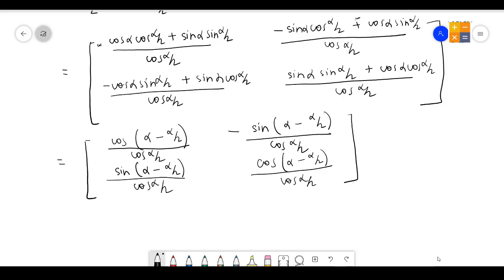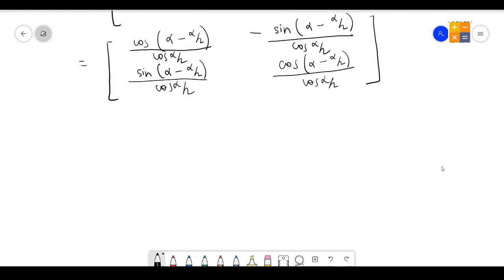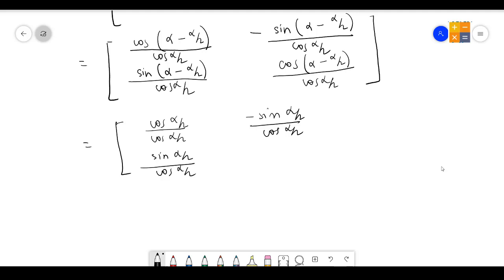After that, coming to the solution part, the last part of the simplified form, we get the result here as cos alpha by 2 by cos alpha by 2, here again minus sin alpha by 2, again cos alpha by 2. In this part we shall be getting sin alpha by 2 by cos alpha by 2, and in this part the result again comes like cos alpha by 2 by cos alpha by 2.